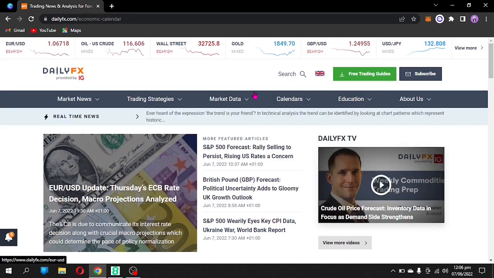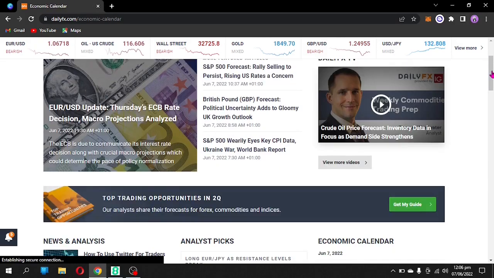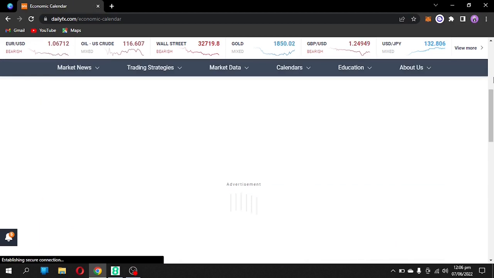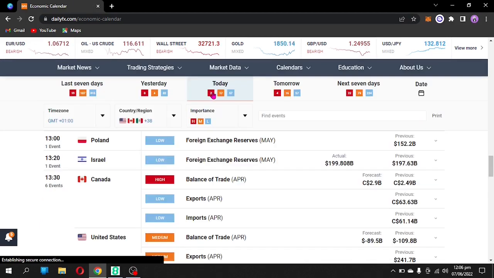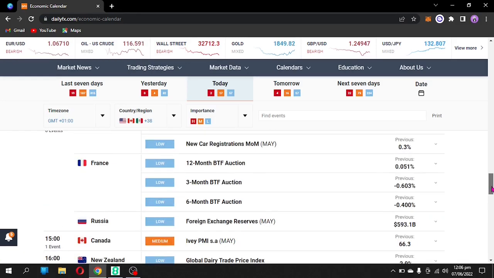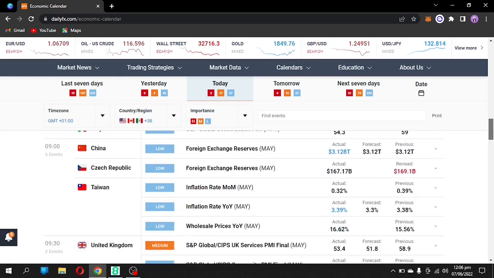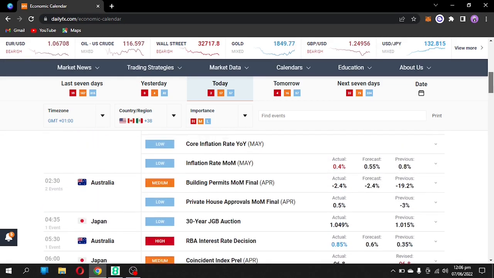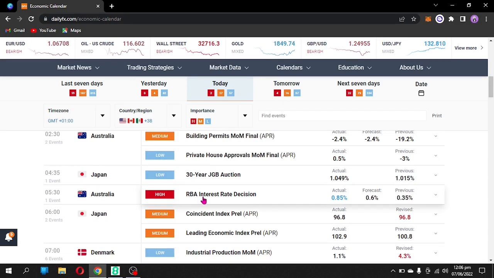This is Daily FX. This is where I usually check if I have any high volatility news. So for today, I only have two high volatility news, one from Canada, and that's it. It's only Canada. The other news has been released already, which is Australia and its interest rate decision.